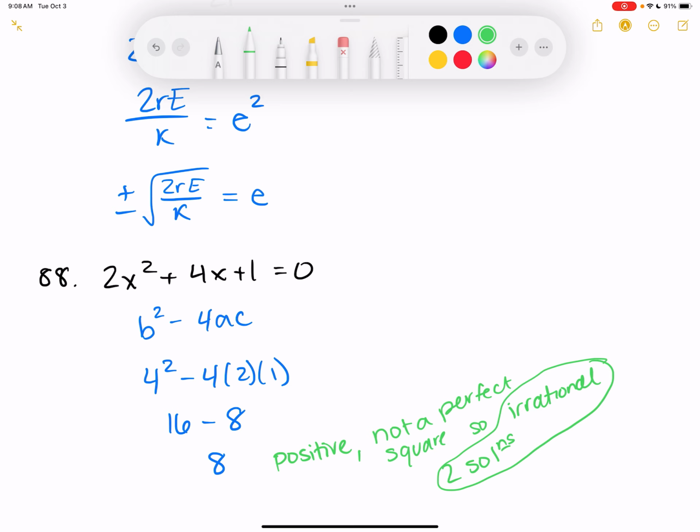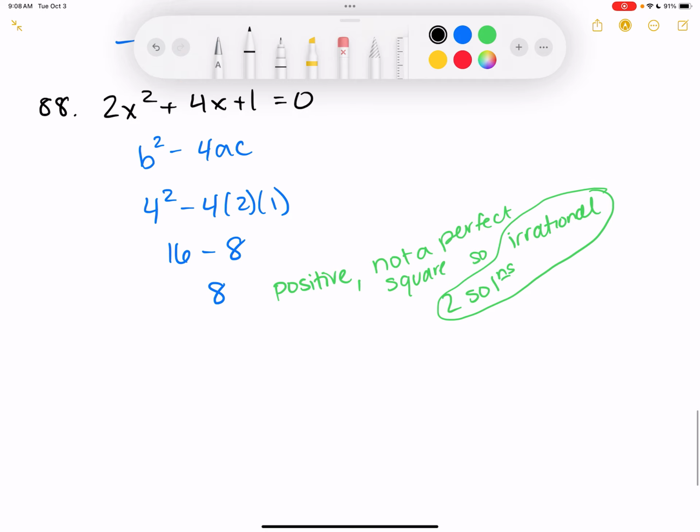All right, one more, and then we'll be done, because I know this has been a lot. 3x squared is equal to 4x minus 5. Before I can do the discriminant, I've got to get everything on one side. So I'm going to move the 3x squared over. So 0 equals negative 3x squared plus 4x minus 5.